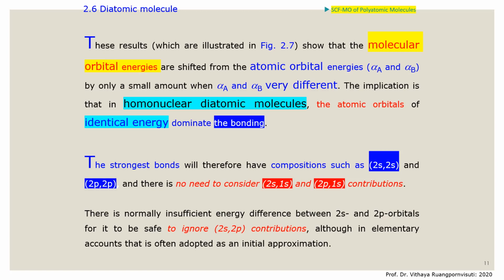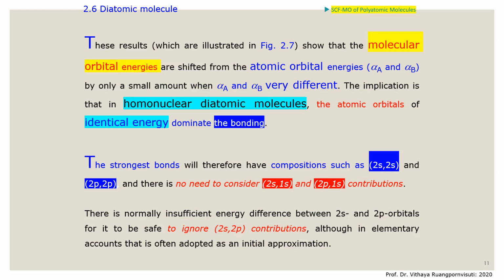The strongest bonds will therefore have compositions such as 2s and 2s orbitals, and 2p and 2p orbitals, and there is no need to consider 2s and 1s, and 2p and 1s contributions.